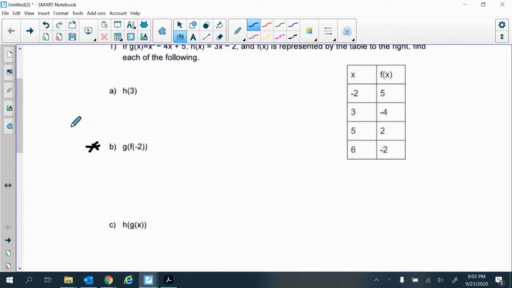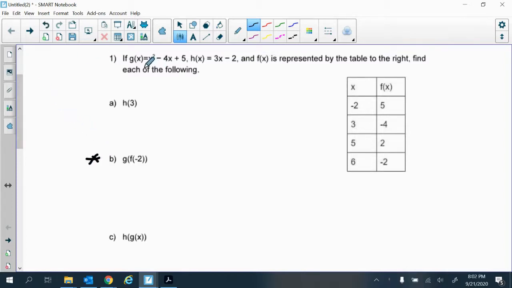Number 1, part B. If g of x is x squared minus 4x plus 5 and f of x is represented by this table, g of f of negative 2, we have to understand that f of x equals some value. So if I have f of negative 2, the negative 2 represents the x value.